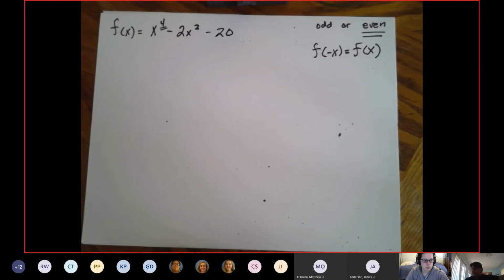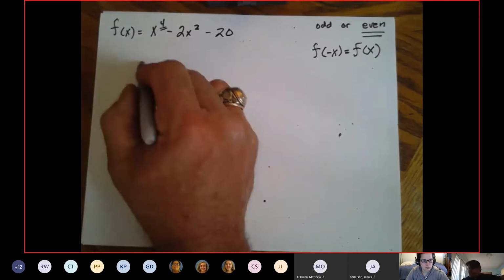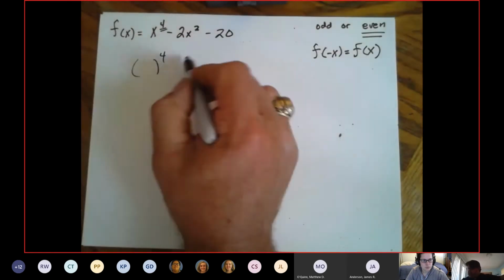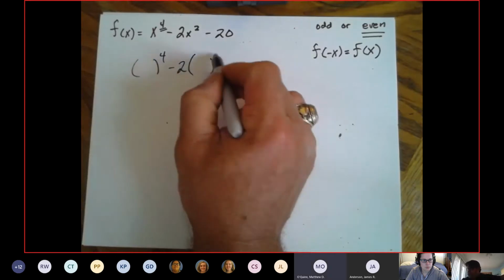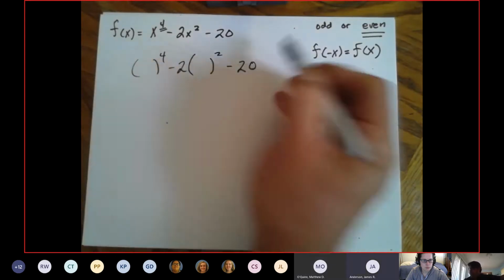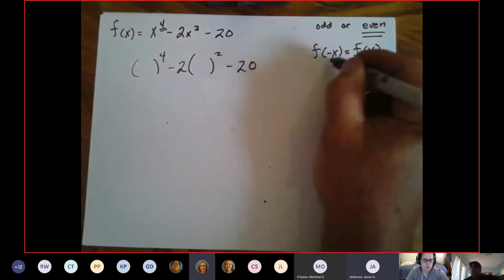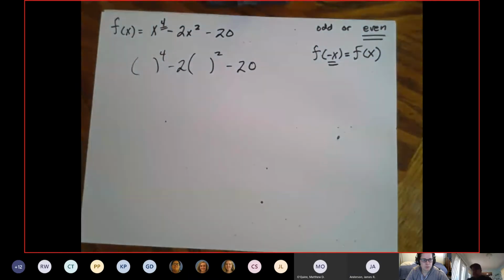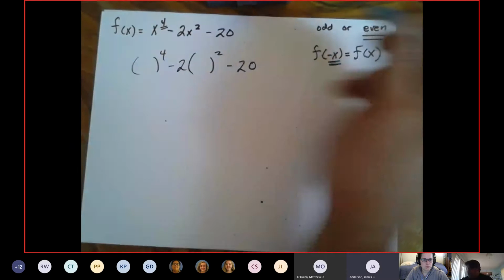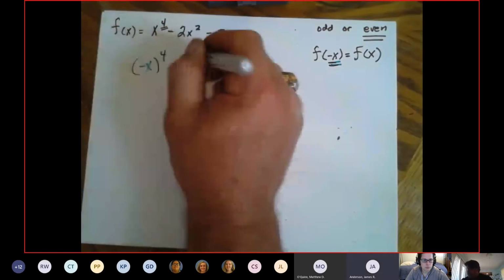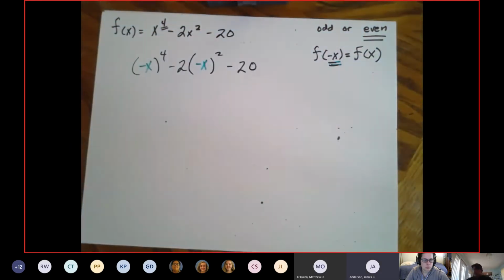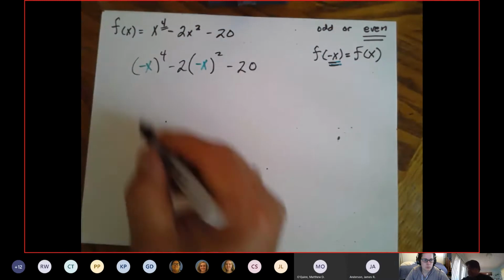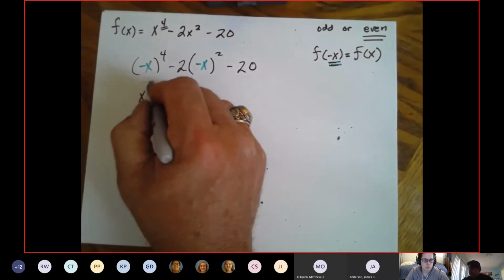So that means I've got to put a big set of parentheses wherever there's an x and plug in negative x. Our answer is that'll be x to the fourth.